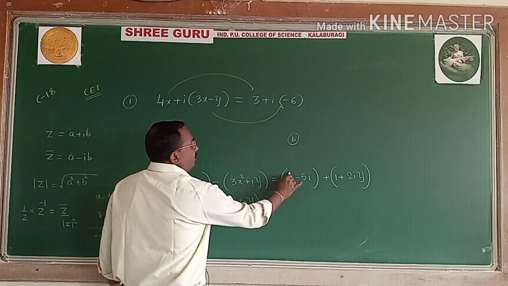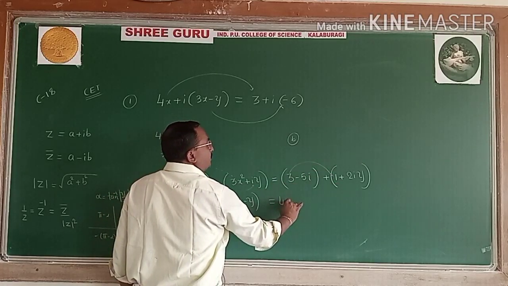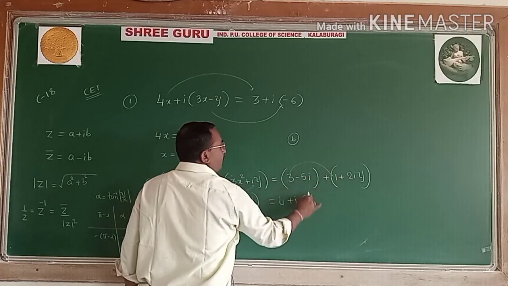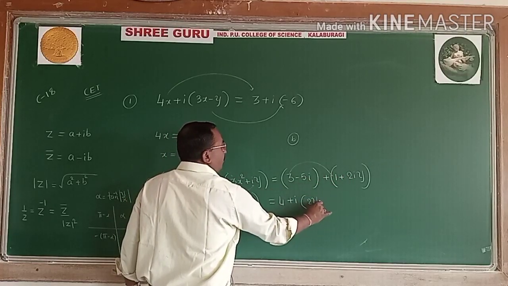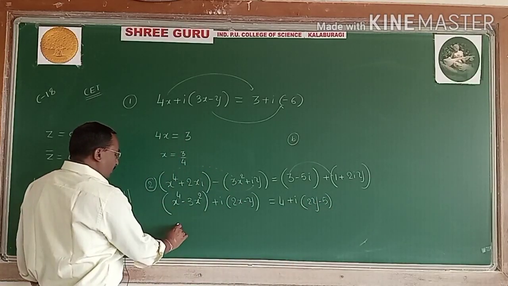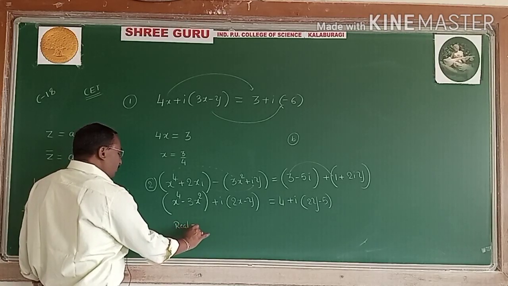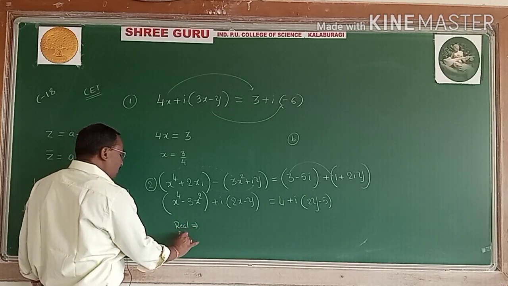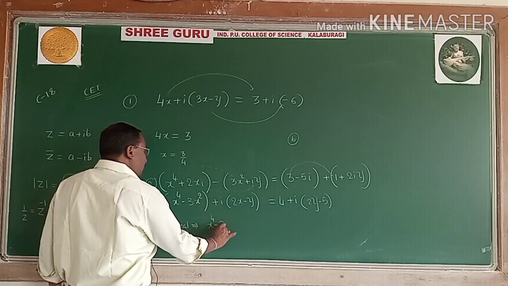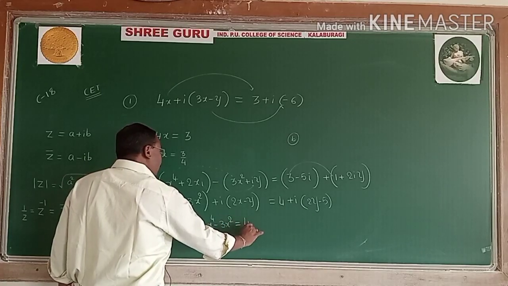Here also real, 3 plus 1, 4. Imaginary part, taking i common, first write positive, second write negative, 2y minus 5, that is the imaginary part. Equate real part to real part: x to the power 4 minus 3x square is equal to 4.